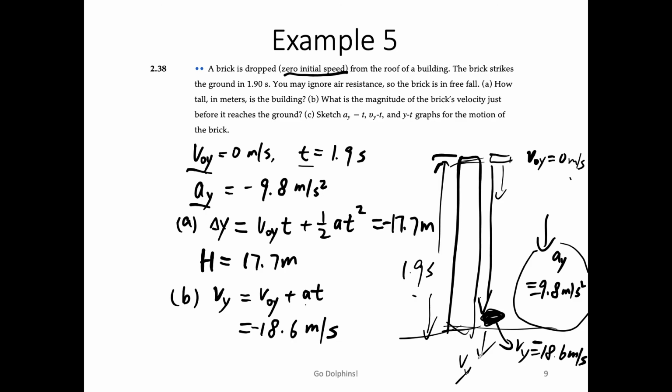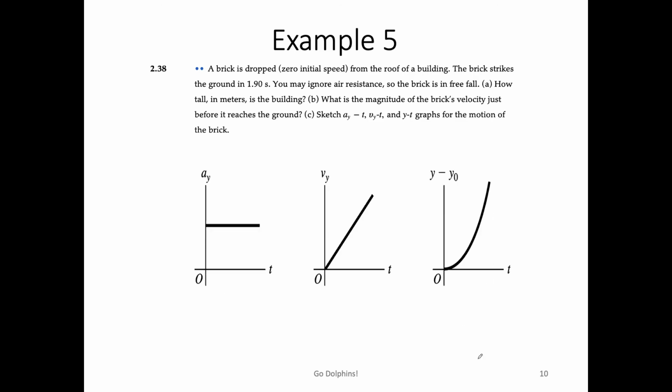So for free fall, as I said, I usually suggest we choose up to be positive and down to be negative. Now if we plot the magnitudes of all the quantities for motion, acceleration is 9.8, always a constant, so velocity becomes a linear, straight line, and the slope is 9.8 meters per second squared.